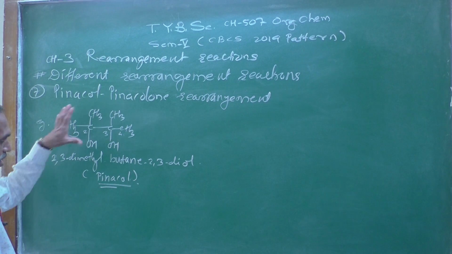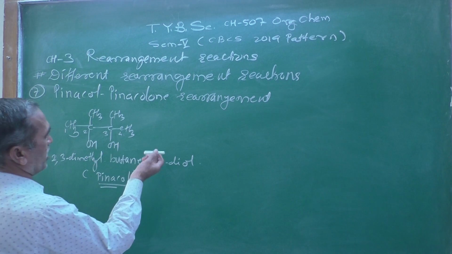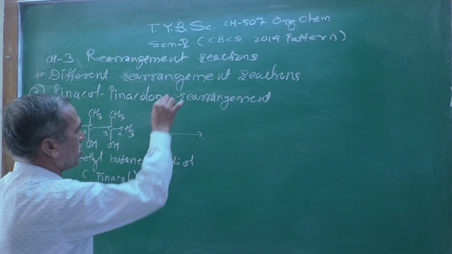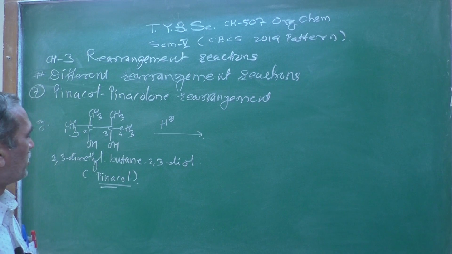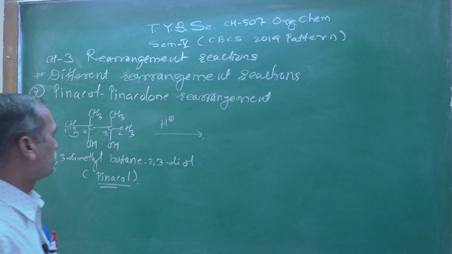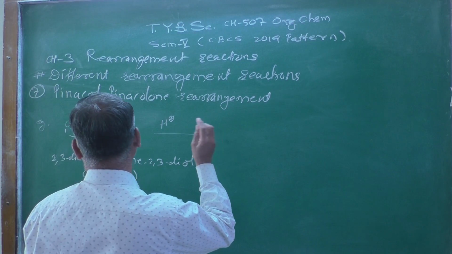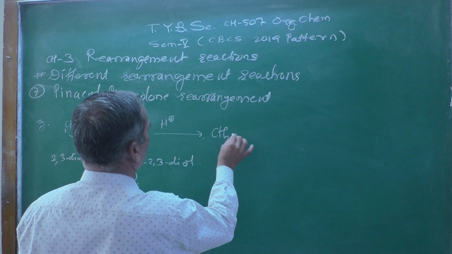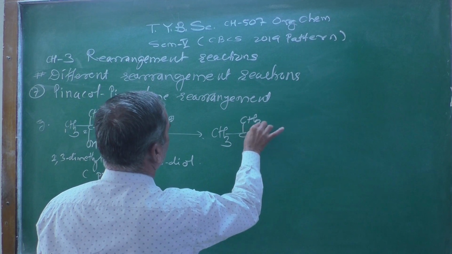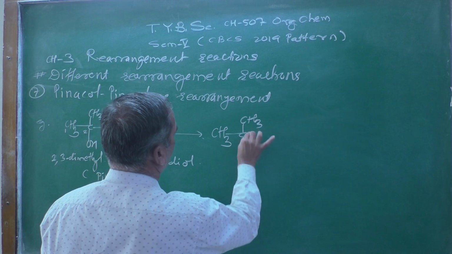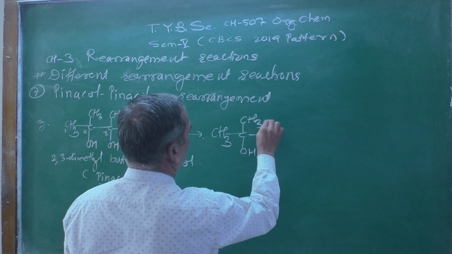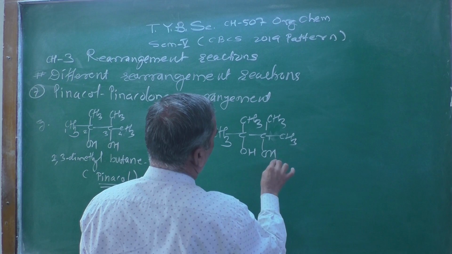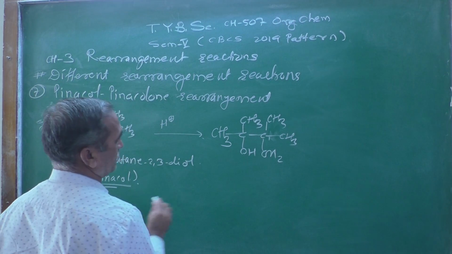Pinacol is the common name of this compound, a 1,2-diol, and this reaction is carried out in acidic medium. When the reaction is carried out in acidic medium, the resulting compound obtained will be this one, with a positive charge.